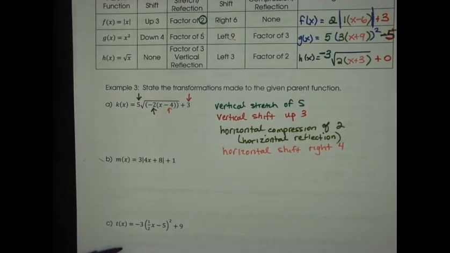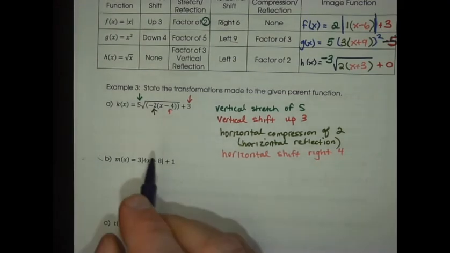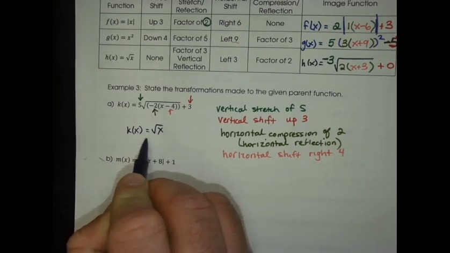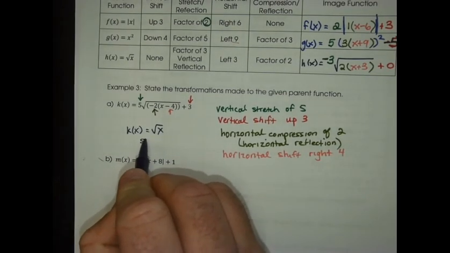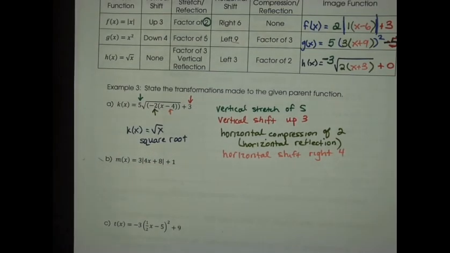Remember, it switches signs. That is it. All right, so if we can describe those in words, we're golden. Okay? And if we want to think about this, our parent function is the square root of x. So that would be the starting one. And we'll talk more about that in the next lesson.